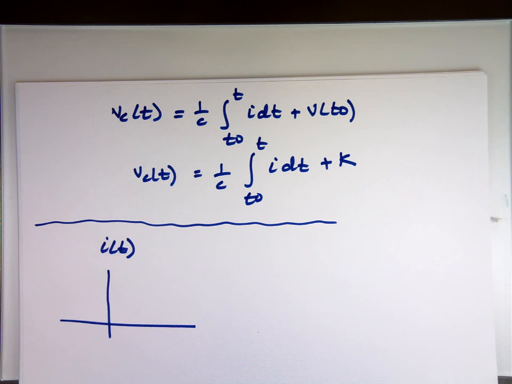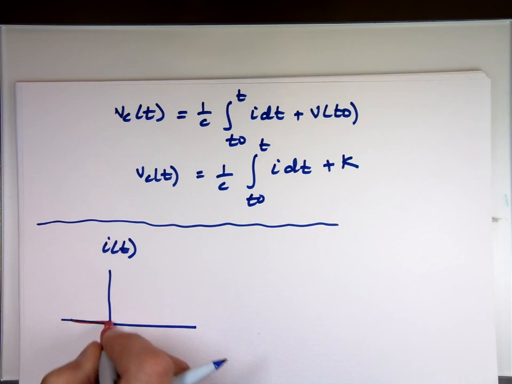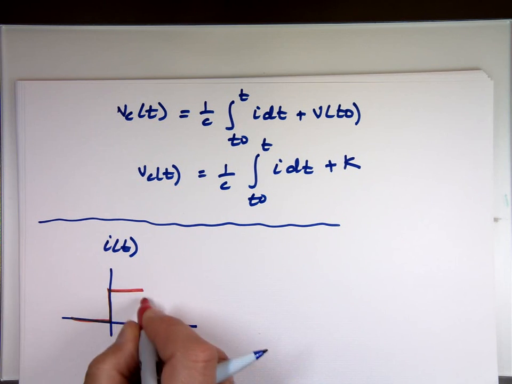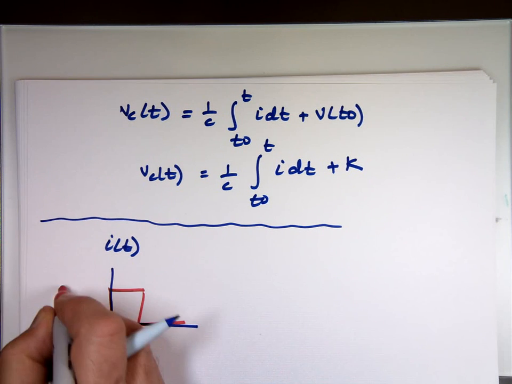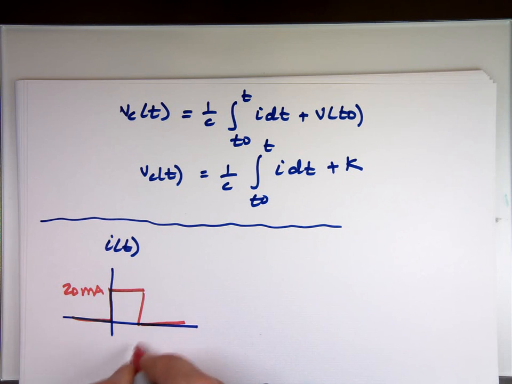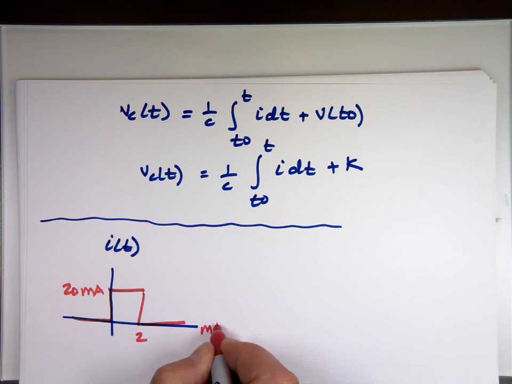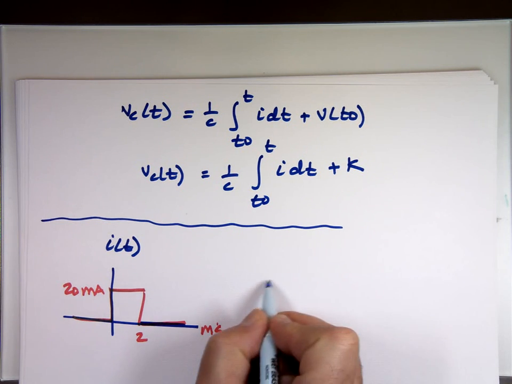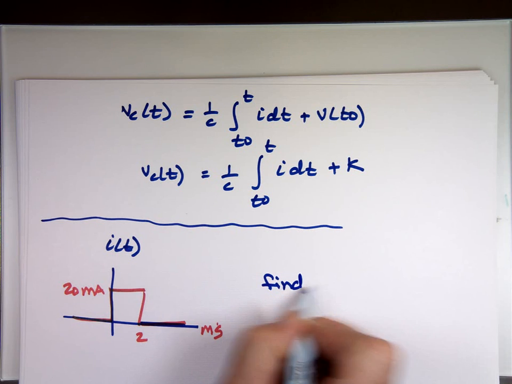This is in milliamps. 0, 20 milliamps the high value, and this is 2 in milliseconds, the time. This is the current through the capacitor. I need to find the voltage. Find the voltage across the capacitor.